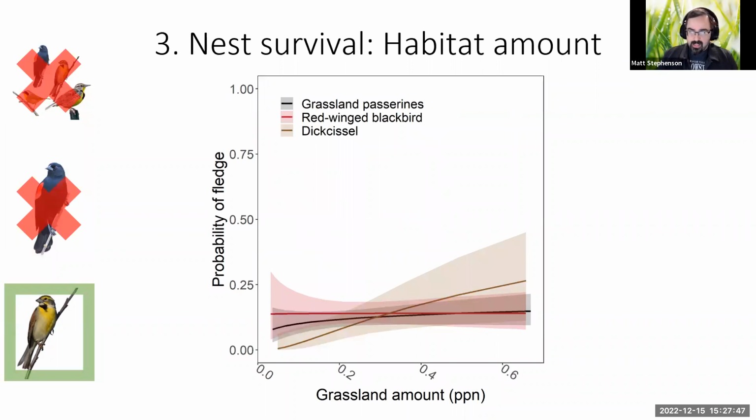So we're going to start out with habitat amount, and this is just the proportion of the land in some sort of grassland land cover within either 150 or 200 meters of a nest. And this was a really strong predictor of nest survival for dickcissels, with nests surviving longer on average the more grassland was nearby.